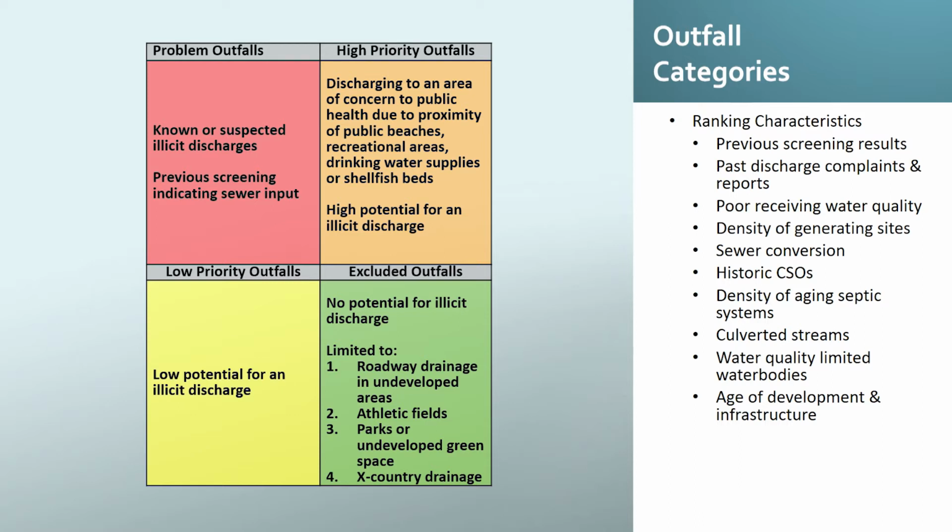And then there are excluded outfalls. These have no potential for an illicit discharge, but they are limited to specific categories: roadway drainage in undeveloped areas, athletic fields, parks and undeveloped green spaces, or cross-country drainage. There's no potential for an illicit discharge, so these go to the excluded outfalls.